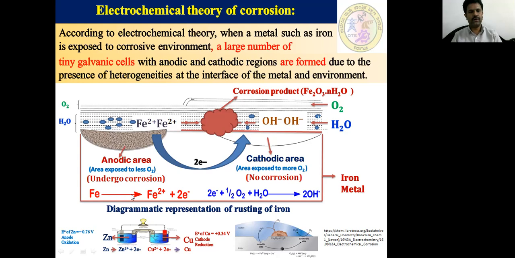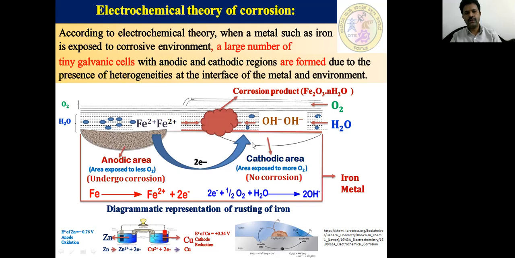Iron will lose 2 electrons at the beginning, and later on it will lose 1 more electron. We can see it later. At the anodic region, the oxidation reaction occurs, hence iron loses 2 electrons here. Those released electrons move towards the cathodic region.